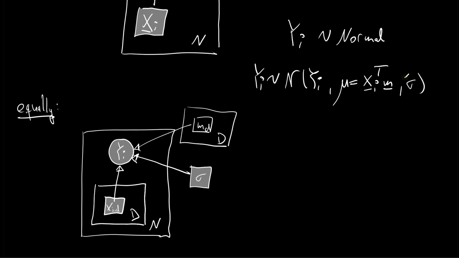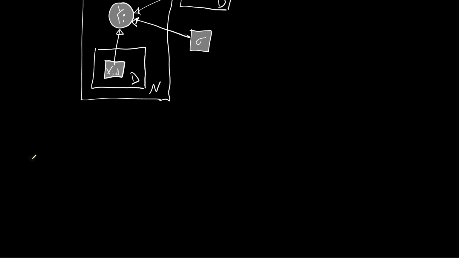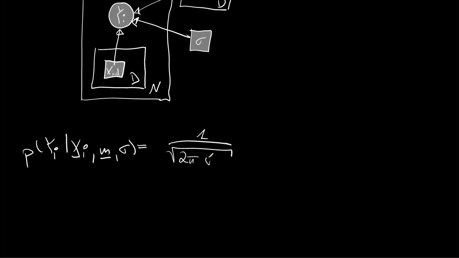So let's use the definition of the probability of y_i as a normal distribution, with the mu being dependent on the x_i position, in order to properly write down its probability. So we will get the following: the probability of observing the y_i point given the x_i vector, m and sigma is going to be first our normalization, so 1 over square root of 2 pi sigma squared, multiplied with the exponential of minus 1 over 2 sigma squared, and then we have (y_i minus x_i transpose m) in brackets squared.